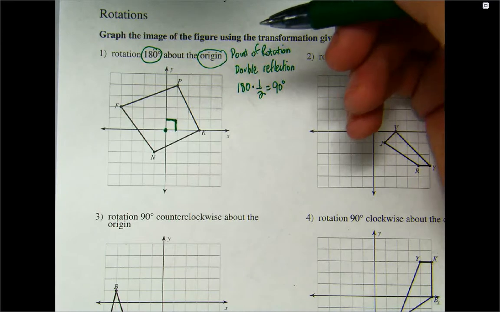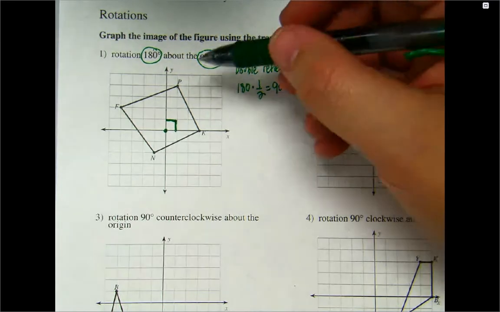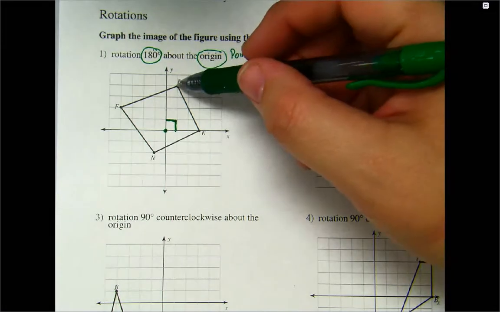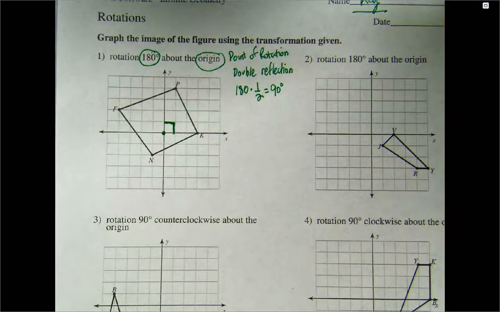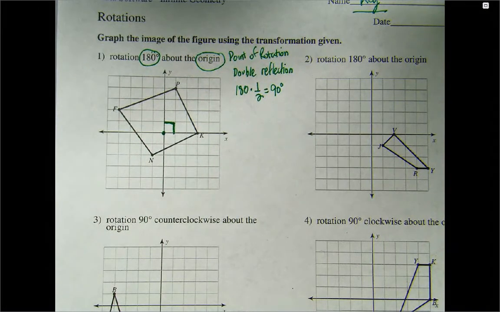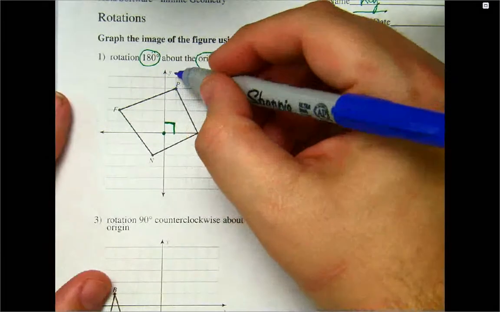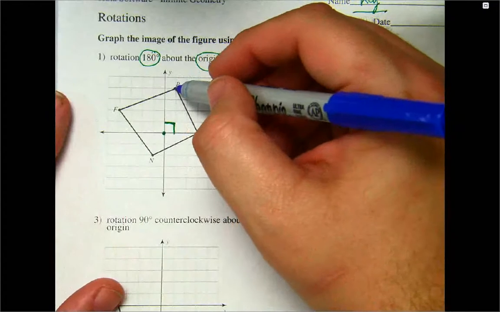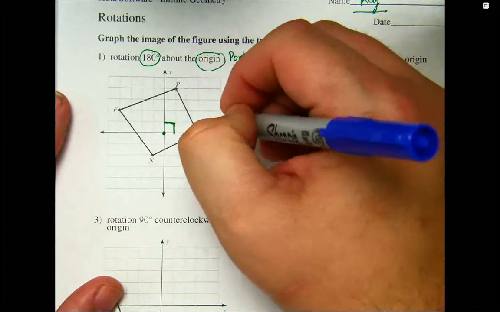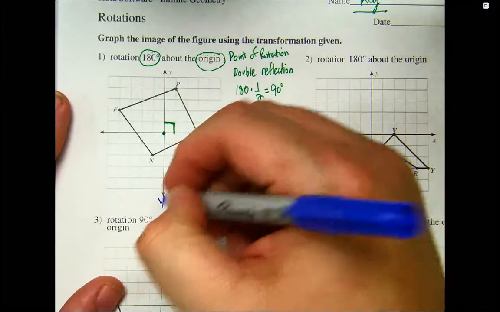Well, the nice thing is, let's take P, and since we're going to do a double reflection, we'll go through the x-axis and then through the y-axis first.